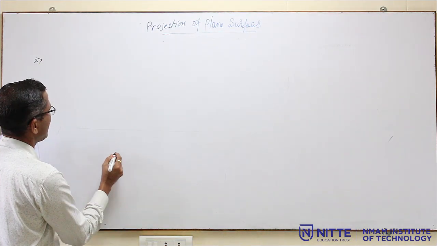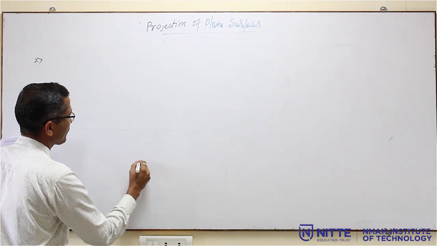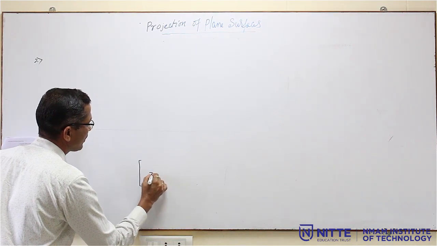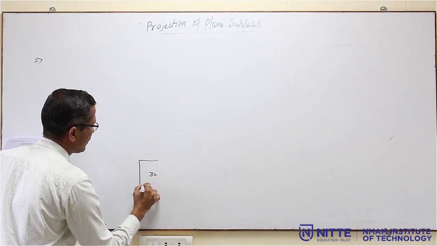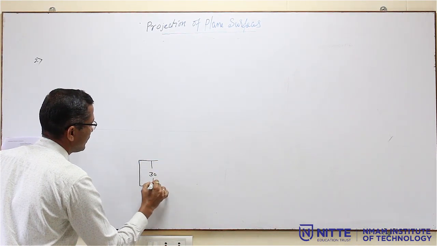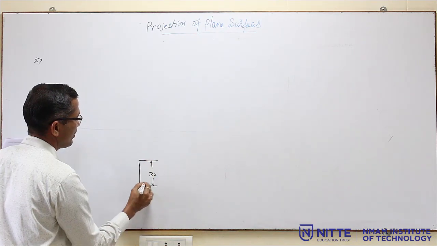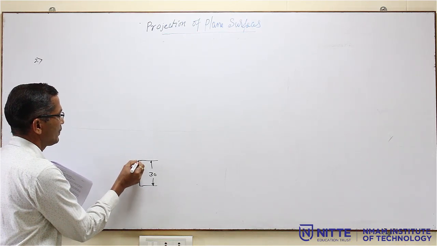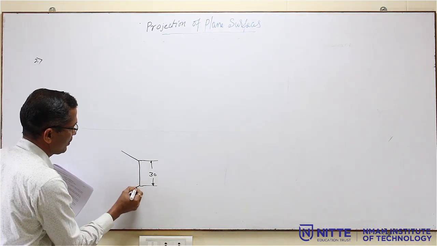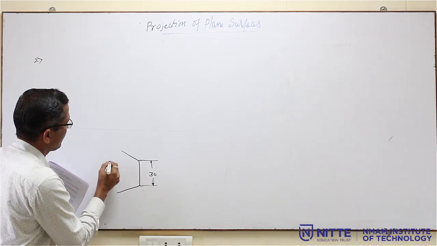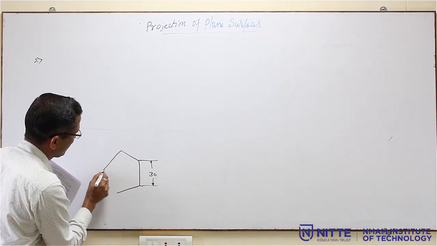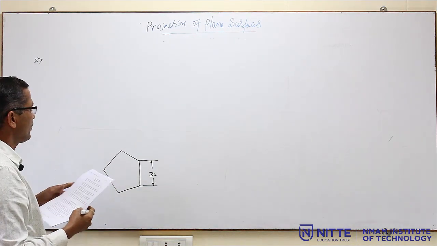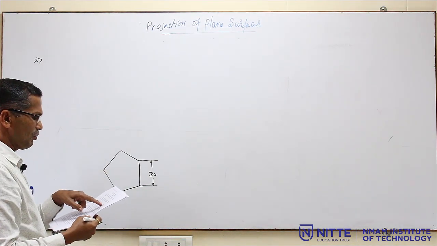So, leave some gap here and start from here. This is the 30 mm line. Like this. Then complete the pentagon using the procedure I explained previously. You have to get a regular pentagon, and you have to get a corner here. Why do you have to get a corner? It is resting with one of its corners.